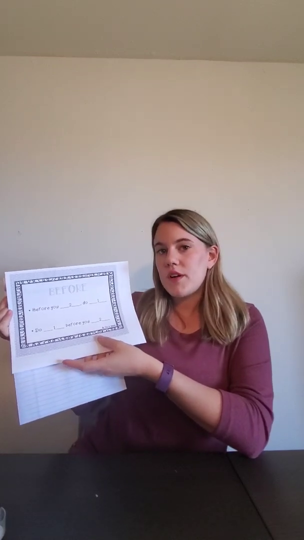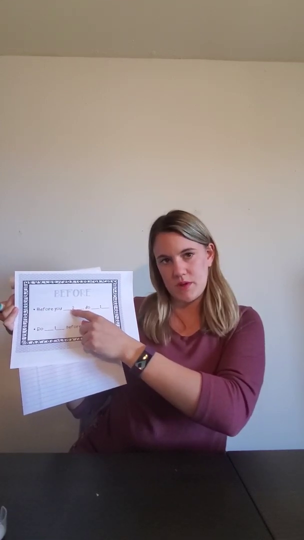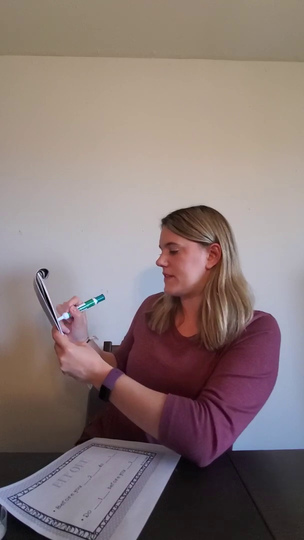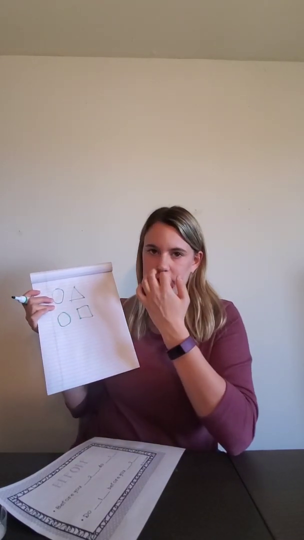So for example, if I said before you draw a square, draw a circle, what I'm saying is before you draw the square, which is number 2, I want you to draw a circle. So I really want you to draw the circle first and then draw the square. Drawing my circle and then drawing my square. I did circle first and then square.